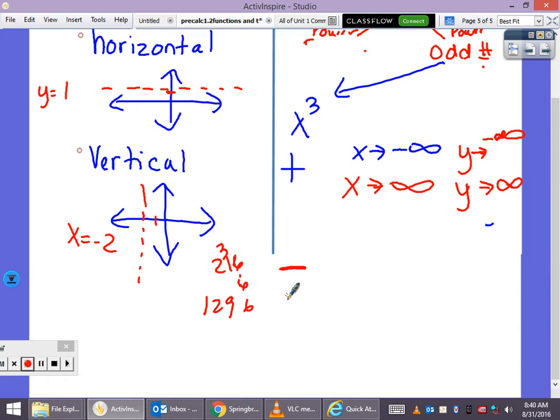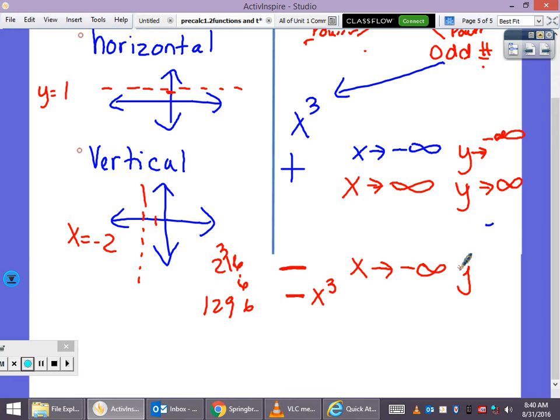Now we're going to look at a negative lead coefficient. So if I have negative x to the third, this really means negative 1 times x to the third. So as x heads towards negative infinity, let's say x was negative 2. Negative 2 to the third power would be negative 8. But then when I multiply it by a negative number, it becomes positive.